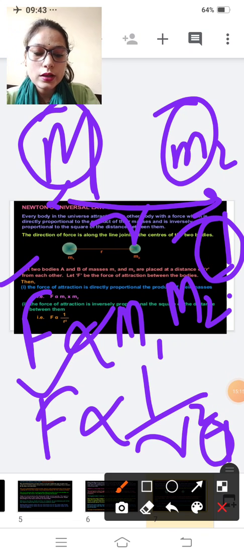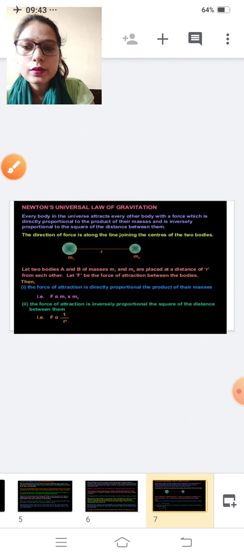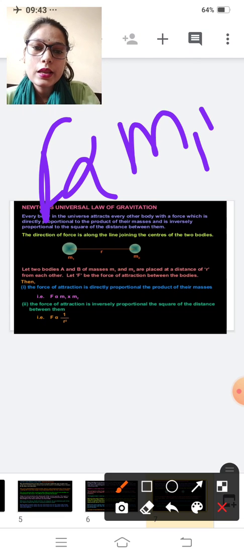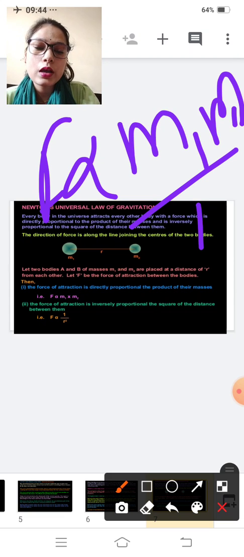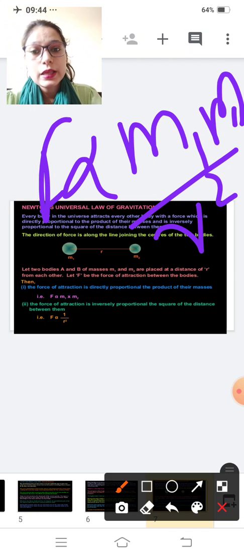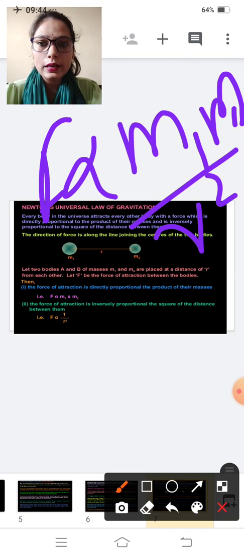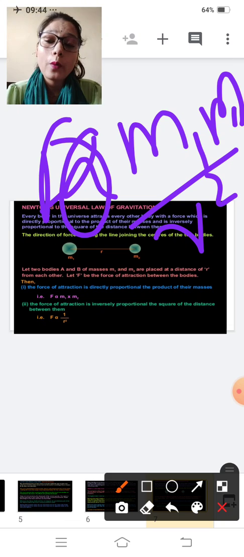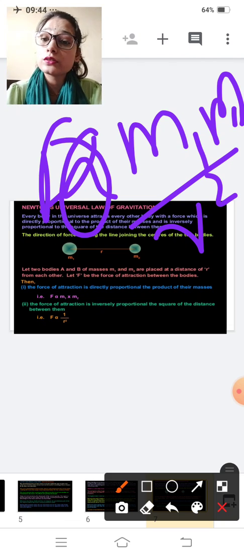This and this are equal, so you can equate them now. So F is directly proportional to m1 m2 upon r square. Is this clear to you? Now I told you earlier, if you want to remove the proportionality sign, you have to put one constant.